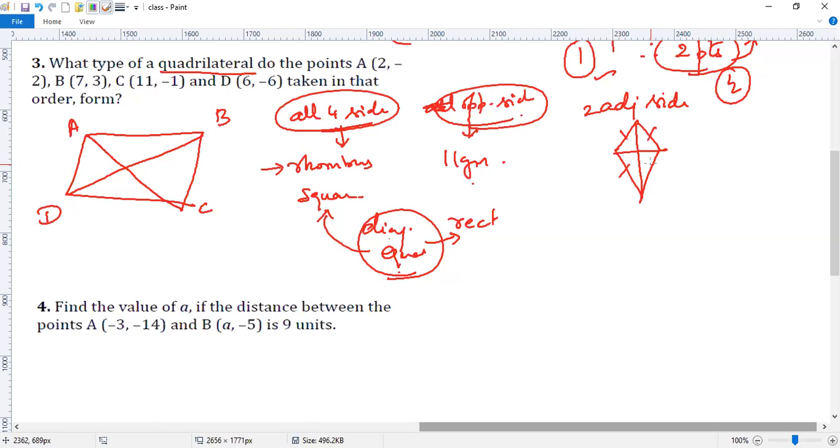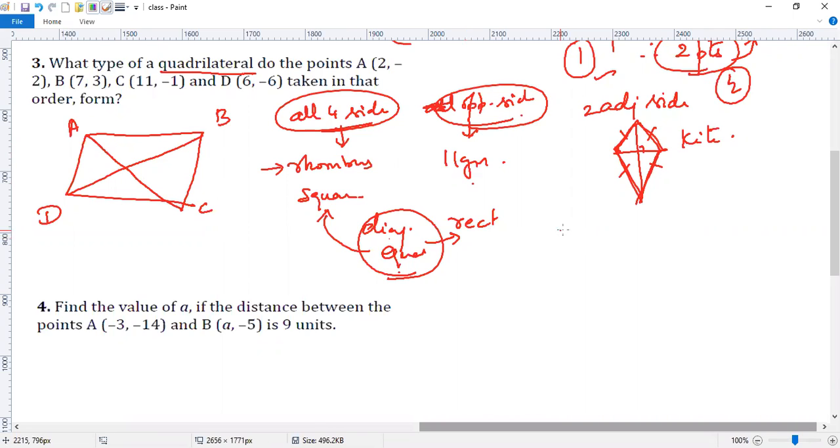This is equal to this, and this is equal to this. The diagonals don't have any significance except that they'll be perpendicular. But you can check if one pair of adjacent sides is equal and the other pair of adjacent sides is equal, then it becomes a kite. So you find out the length of AB, BC, CD, DA, and then check these conditions to find our answer.